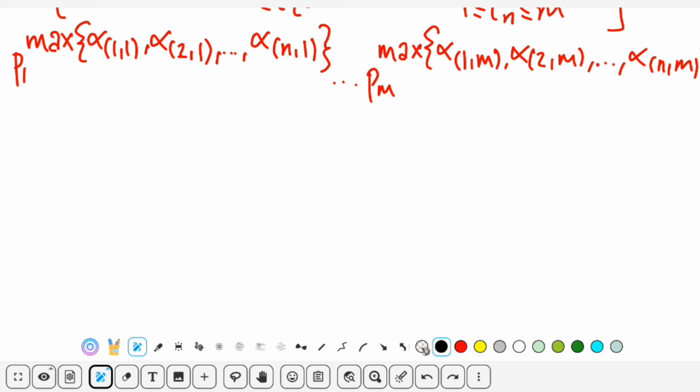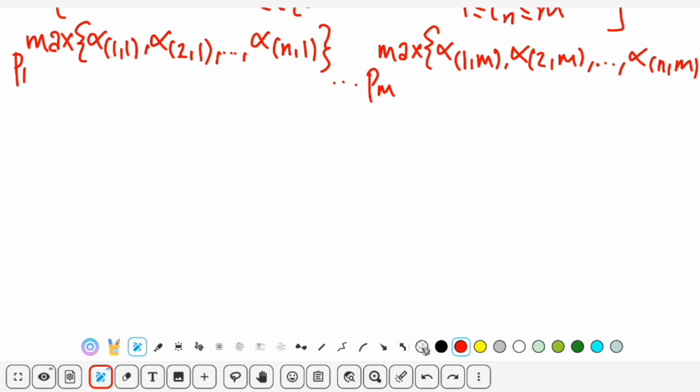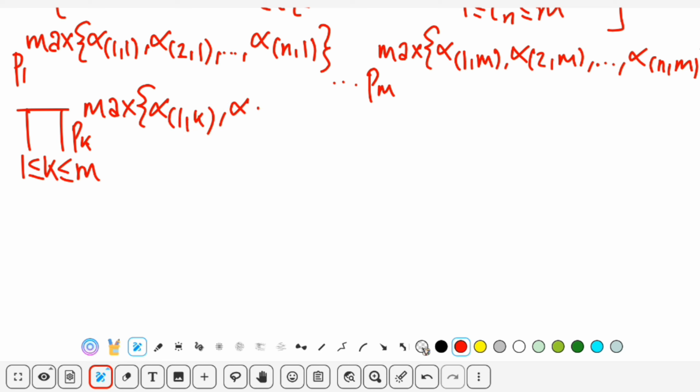So let's write this in product form, because this expanded form looks complicated. So the product for 1 less than or equal to k less than or equal to m of pk raised to the power the maximum value of alpha 1,k, alpha 2,k, up to alpha n,k.